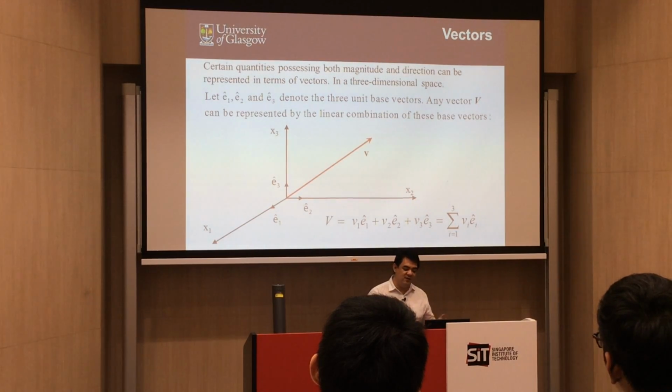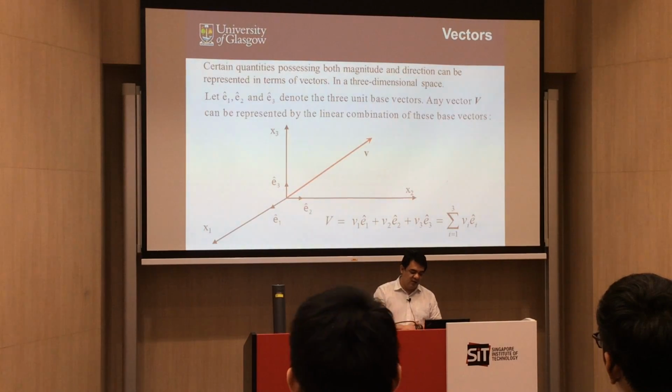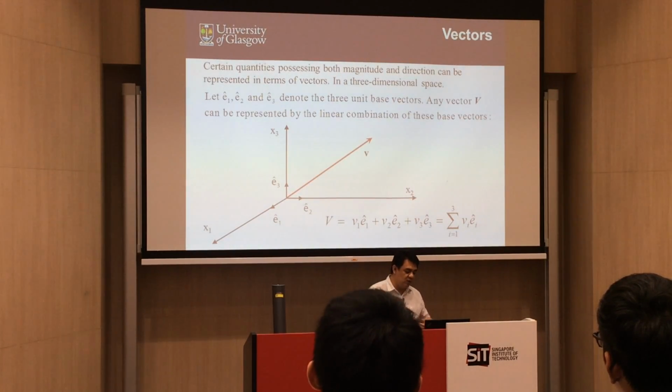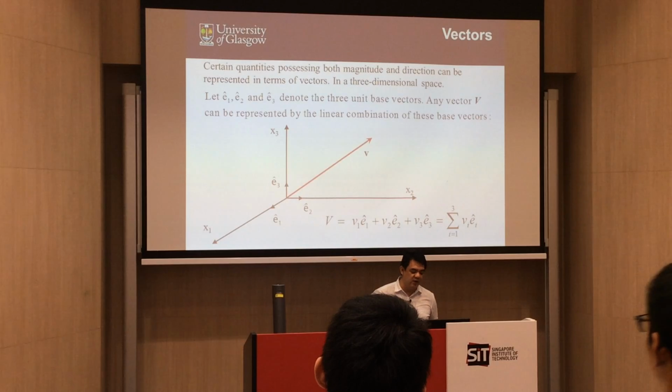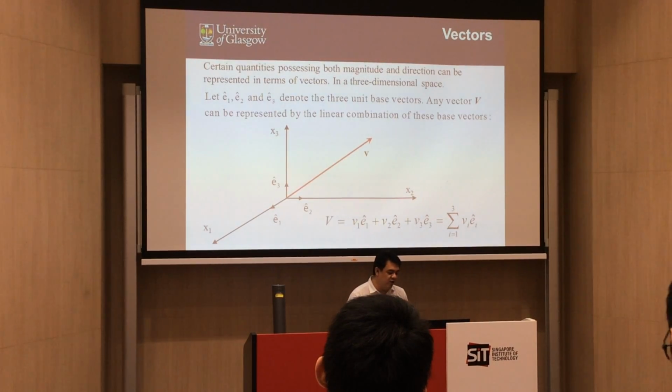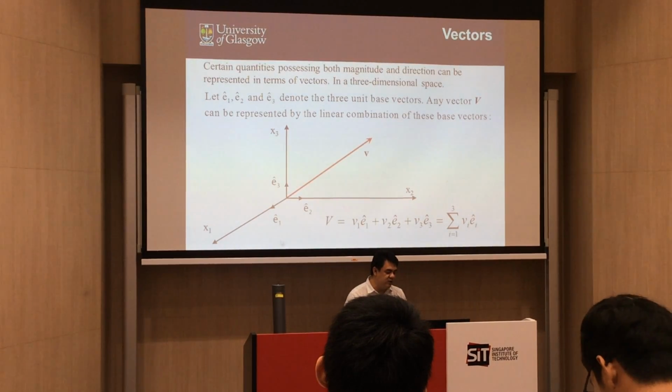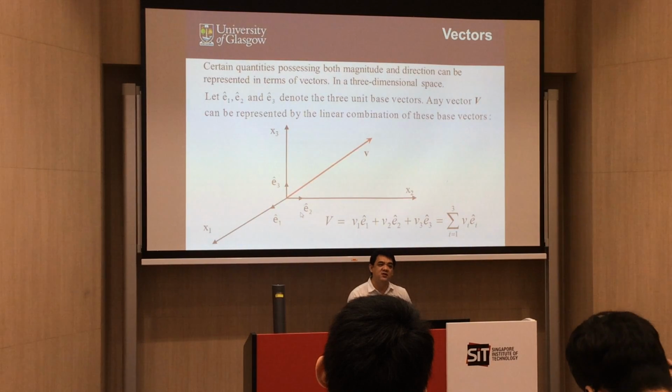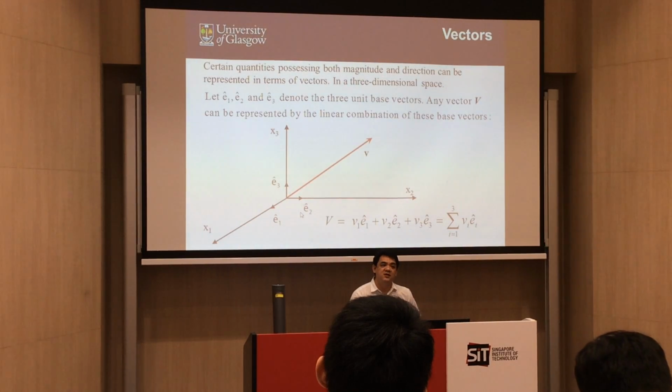So rather than having them as x, y, and z, we can always have them as x1, x2, and x3. And of course, corresponding to that, there will always be unit vectors, E1, E2, and E3.